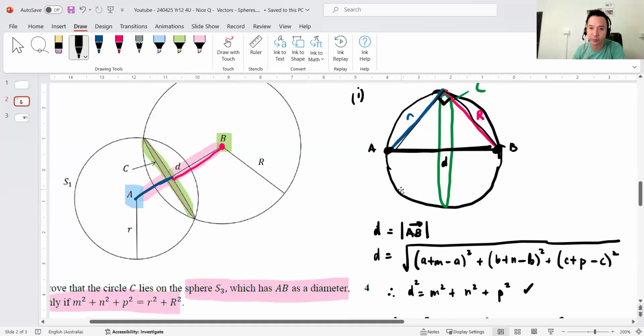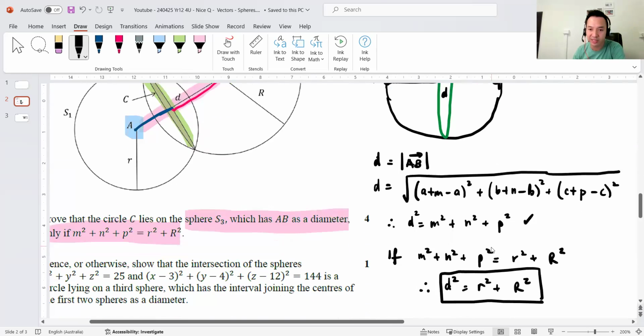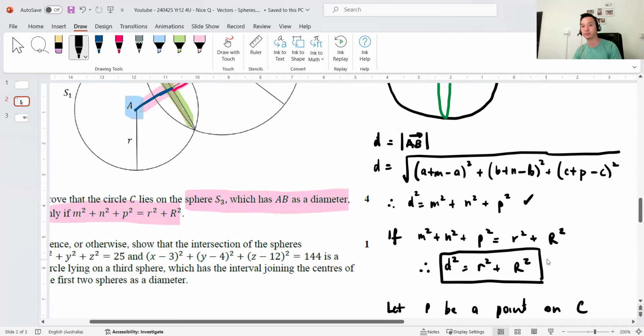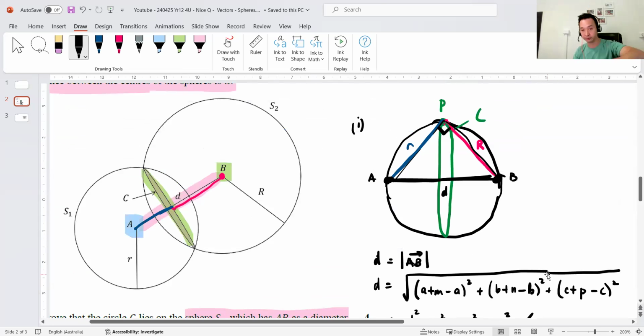So what that means is, guys, if I say, as part of my working, let P be a point on C, on the green circle, right?